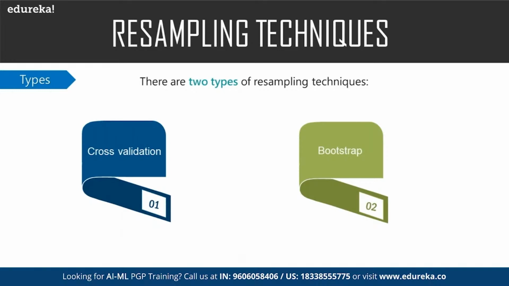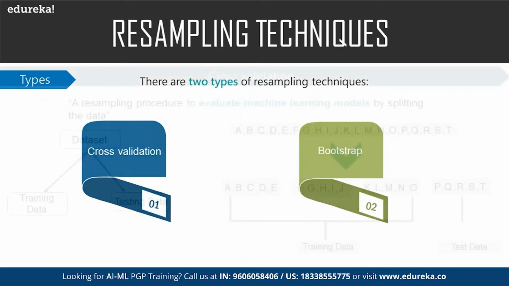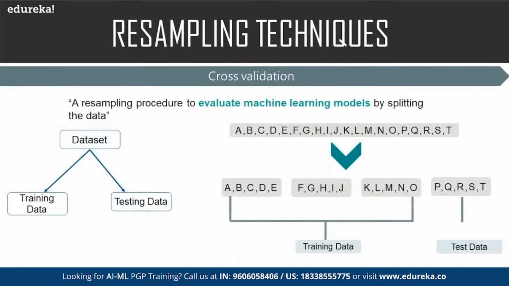Bootstrap is different, and we sometimes use it for bagging in machine learning. Coming back to cross validation, it is a resampling procedure, primarily used to evaluate the machine learning model.